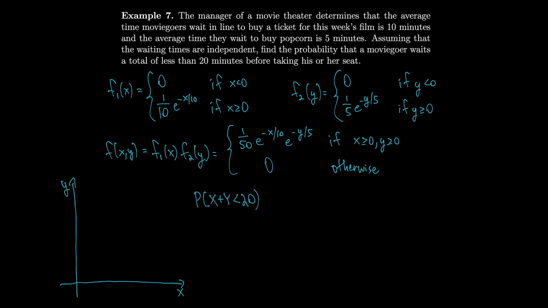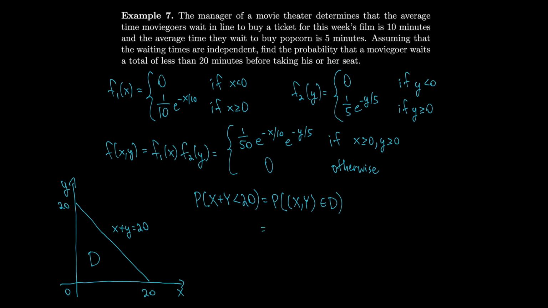The line x plus y equals 20 just has intercepts 20 for x and y. You just plug in 0. So that means it looks like this. So you put 20 over here, 20 over here, and this is our region D, such that this is the probability that (x, y) lies inside D.